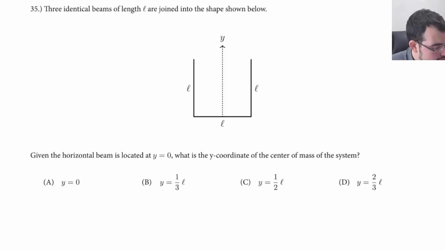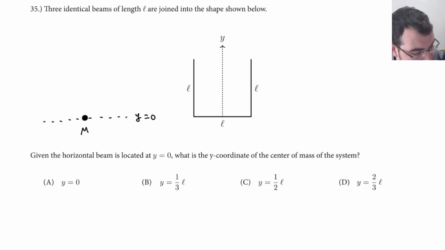So what we really have is not this picture, but this one, where we have a dot at 0, and then we have 2 dots at y over 2.